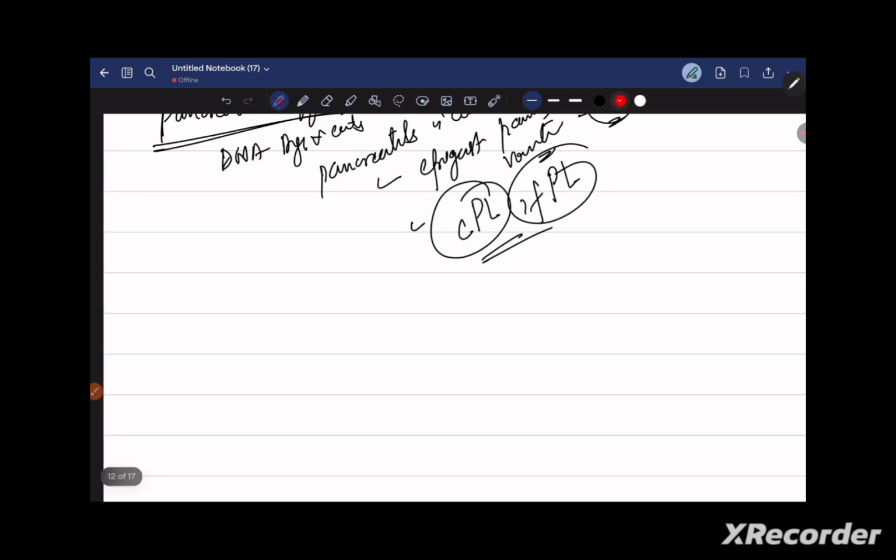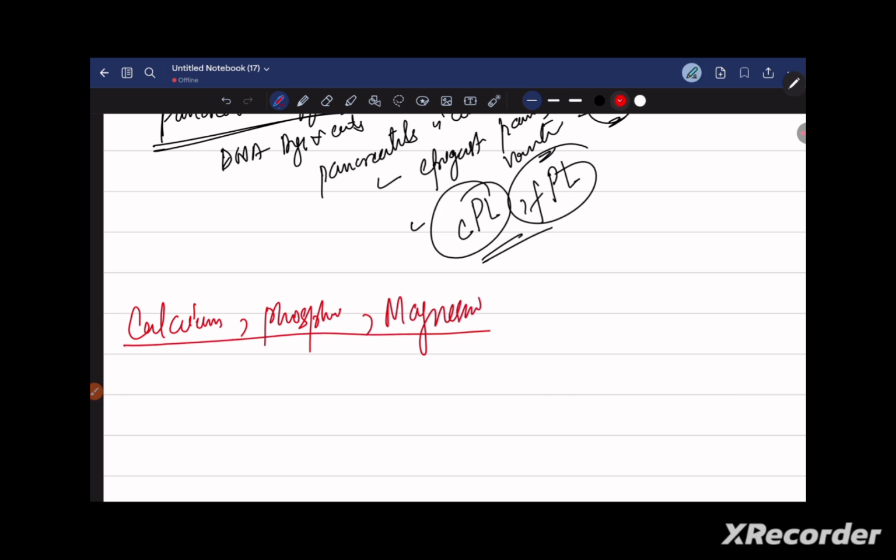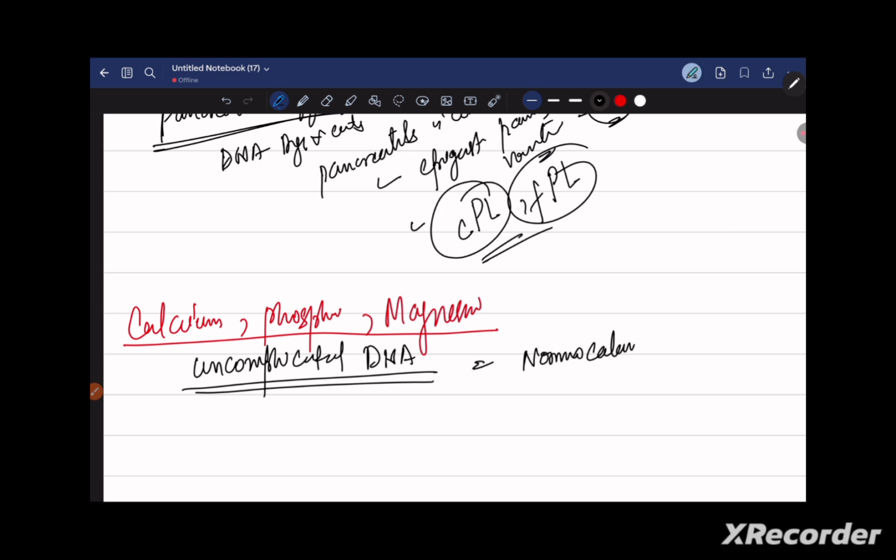So what will happen to the calcium, phosphorus and magnesium? Normally, if it is an uncomplicated DKA case, meaning the kidneys are not involved, there will be normocalcemia, meaning the calcium level will be normal.